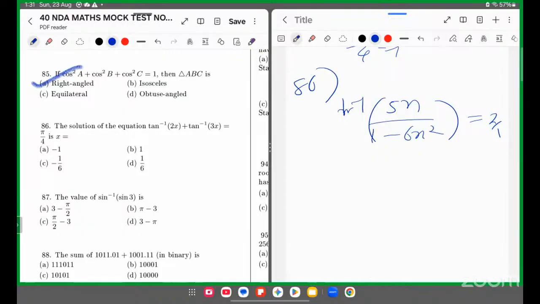I thought there was a printing mistake in the question, that it should be tan pi by 4, where tan pi by 4 means 1.